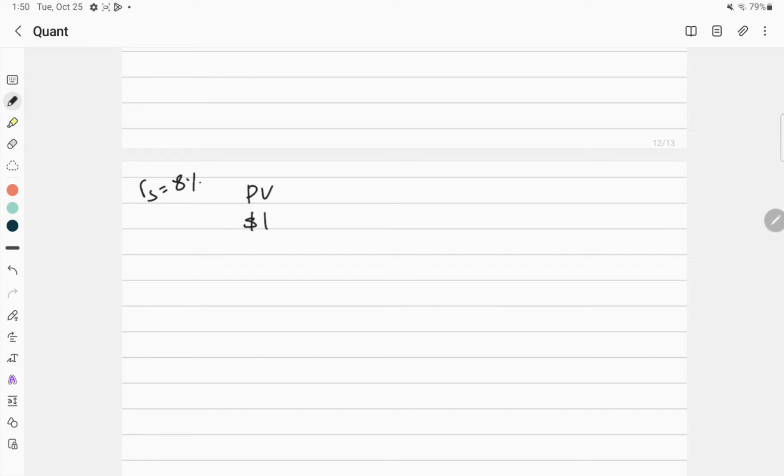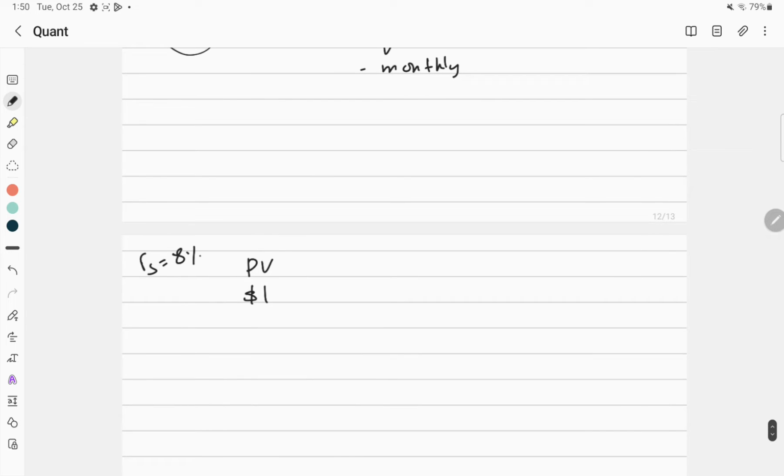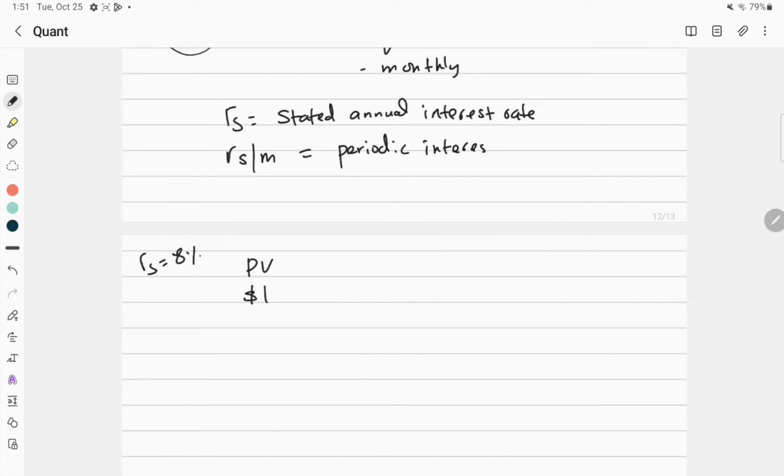We have previously learned that whereas RS is the stated annual interest rate, RS over M is the periodic interest rate, where M is the number of compoundings per annum.